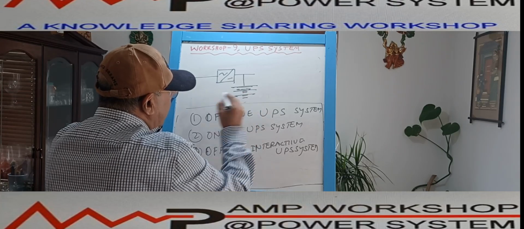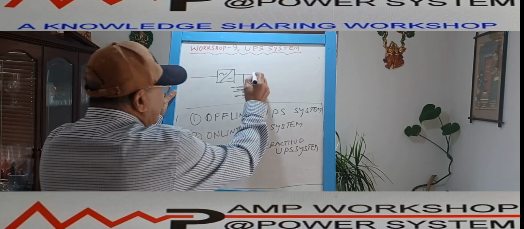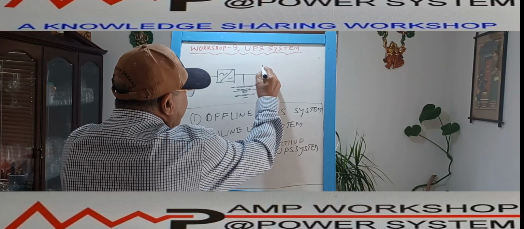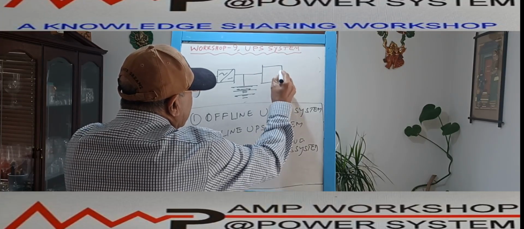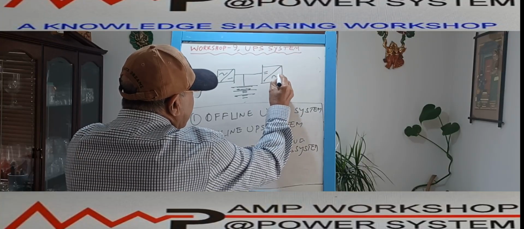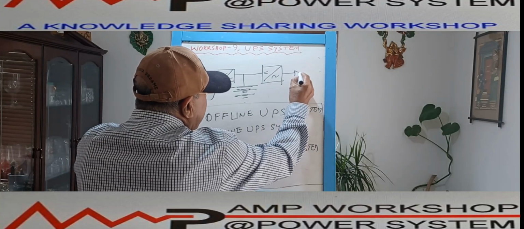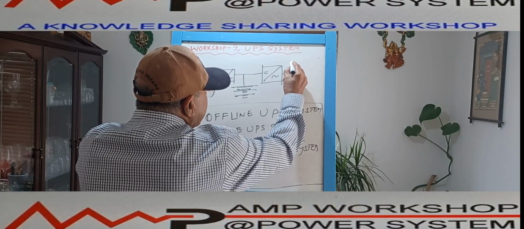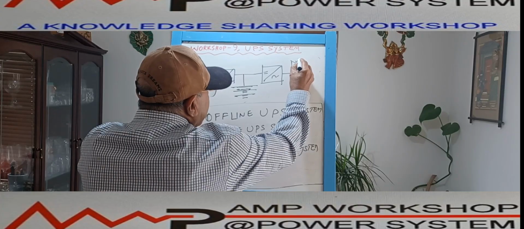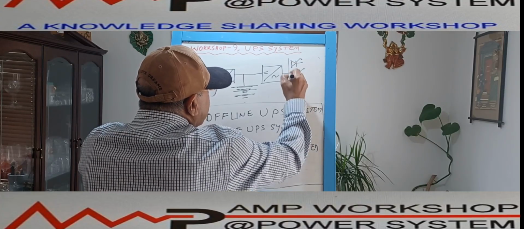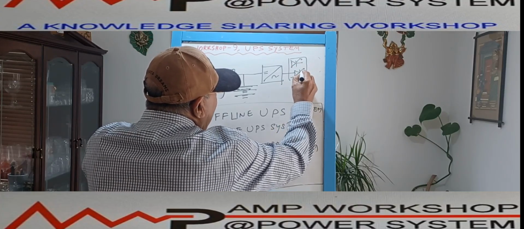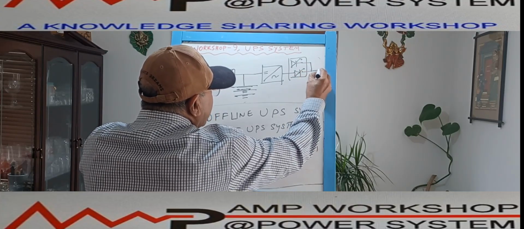This is our battery. Then the third module is your inverter, which converts DC to AC. And then I have a static switch over here, and this static switch module goes to the load, right?